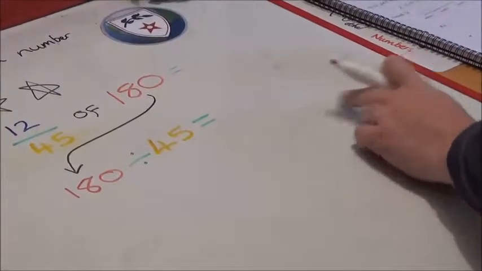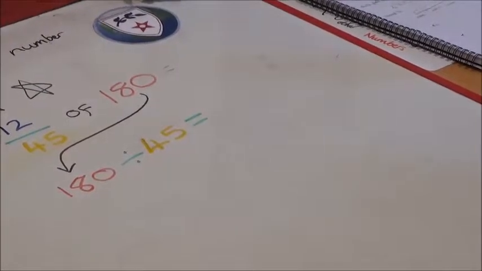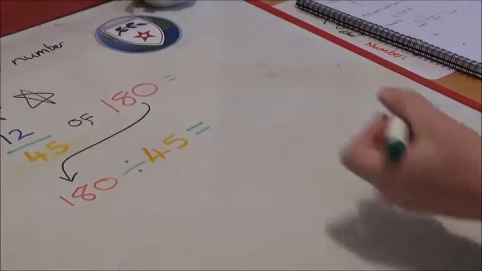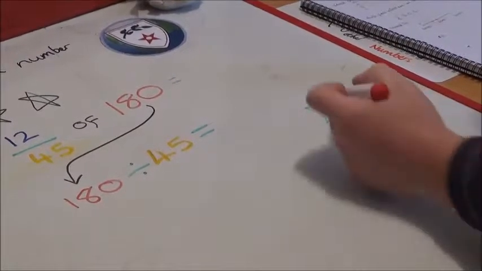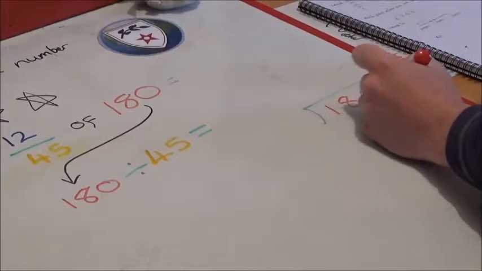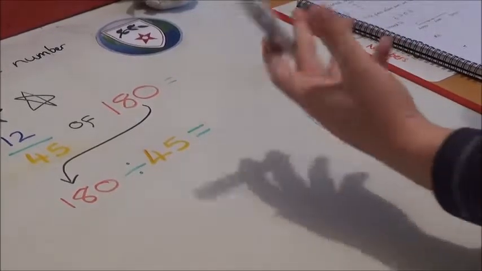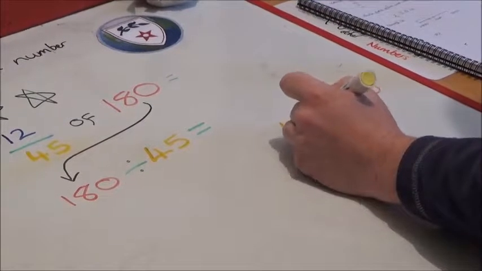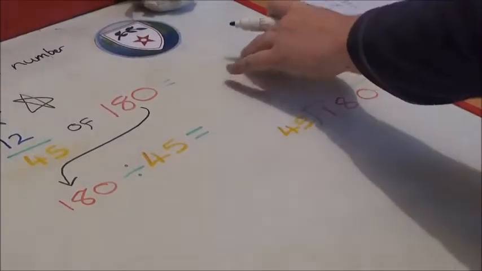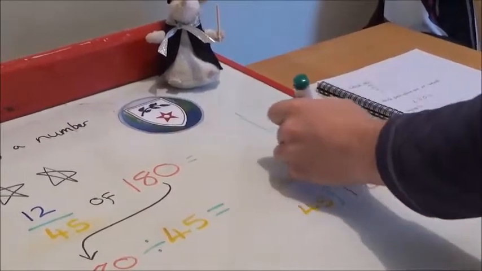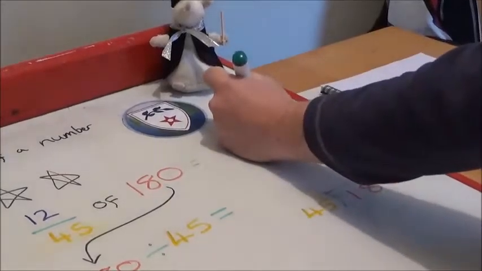So I'm going to do it separately down here using our long division method or our bus stop method, same way as we have done in previous videos. So there's my 180. I'm going to use 45 in yellow just to show that these are all linked together, and I'm also going to create my facts bank up here for my 45 times table.